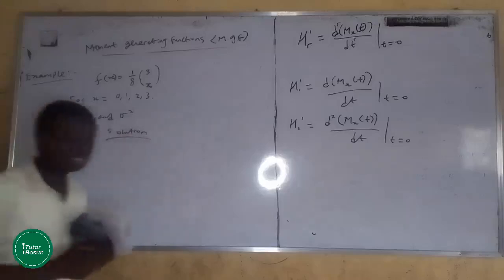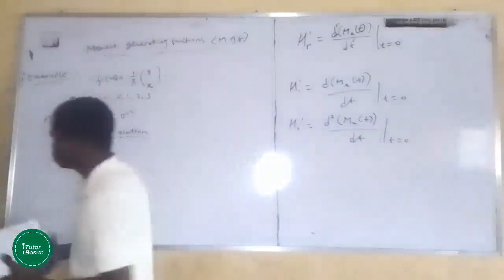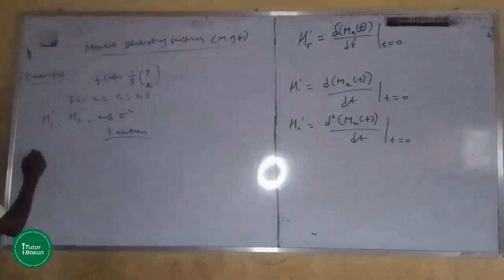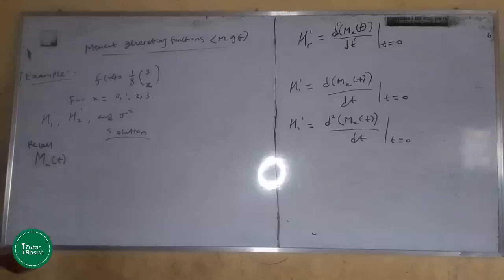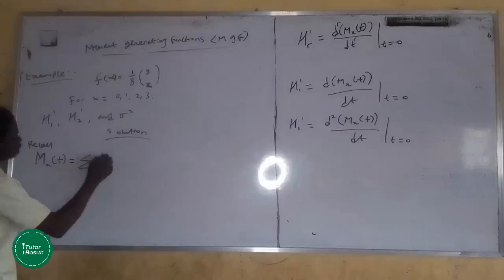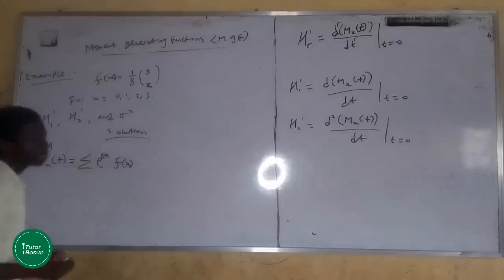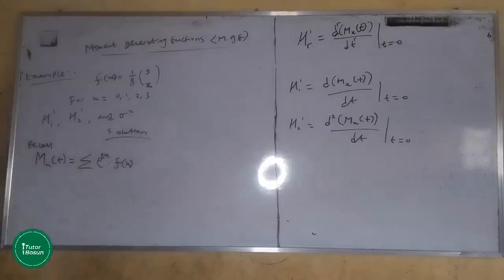The first example we did was on a probability density function, and this one is on a probability function. Recall that the moment generating function of the random variable x for a probability function is equal to the summation of exponential tx multiplied by f of x.